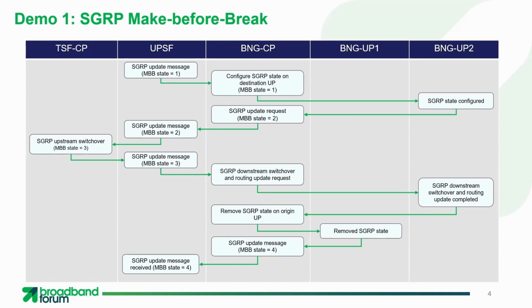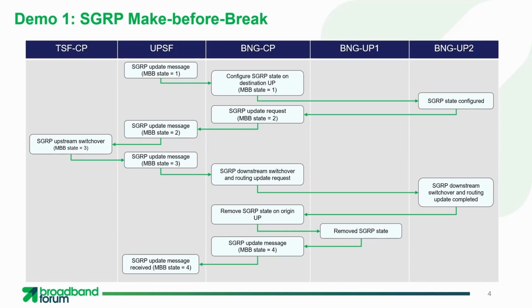UPSF starts the make before break sequence and first sends a subscriber group update message to the BNG control plane, which configures the subscriber group state on the desired user plane. Next, UPSF sends a subscriber group update message to the TSF control plane, which configures the TSF switch to send upstream traffic for the subscriber group over the desired network connection to the new user plane.